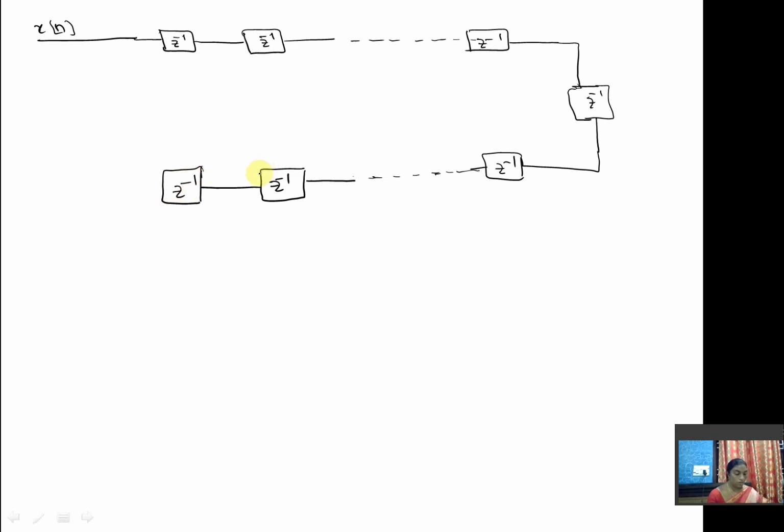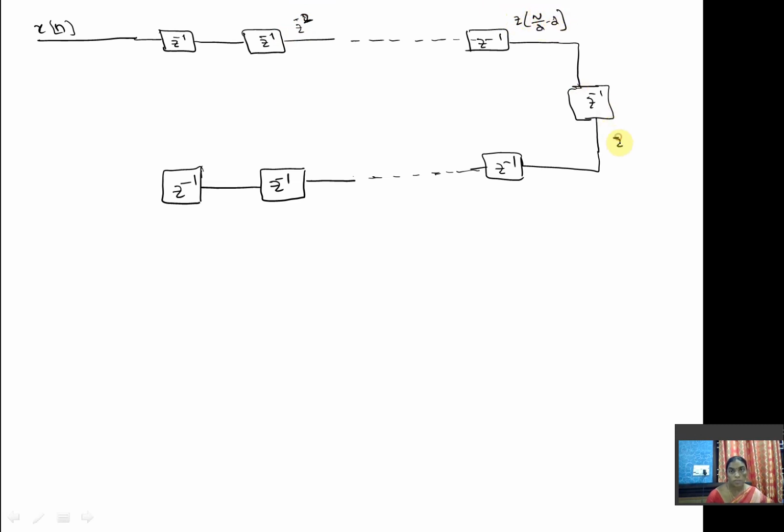z inverse. Okay, so how many here? So this one is z power minus 1. Here you can get z power minus 2, and then here, okay, consider like this, n by 2 minus 2.